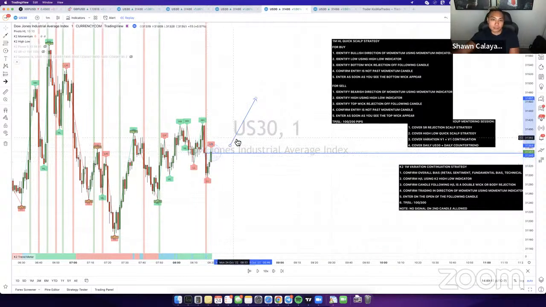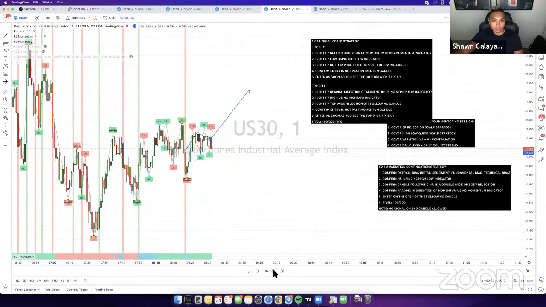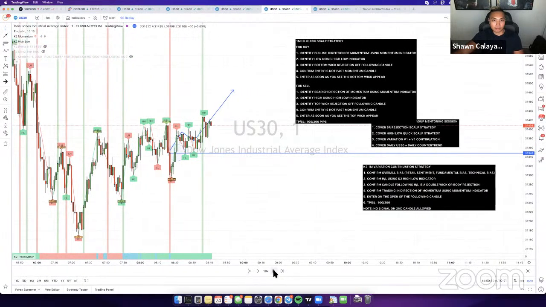When that happens, you probably don't want to look for any more sells, because the structure here has already been broken, and odds are this thing is going to push up and continue up higher, right? And you can see right there, that's basically what happens.